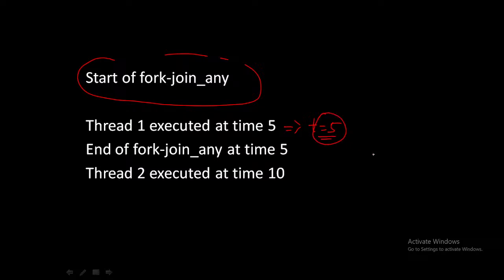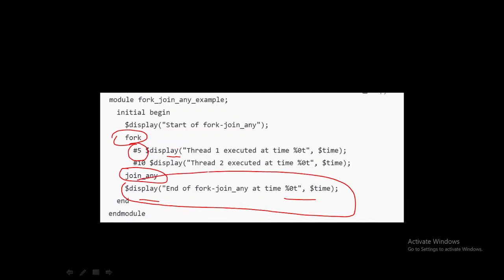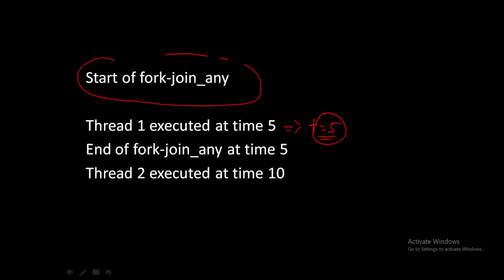Since we are using the fork join any construct, which only waits for the completion of one thread's execution, it will come out of this particular block and execute the outside statement, that is $display end of fork join any. In the output you can see end of fork join any at time t equal to 5.